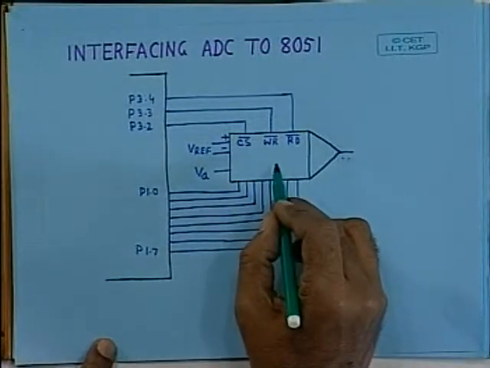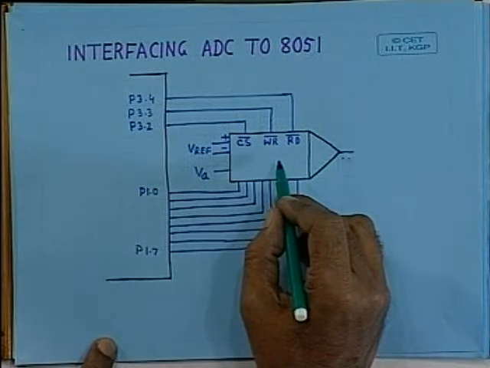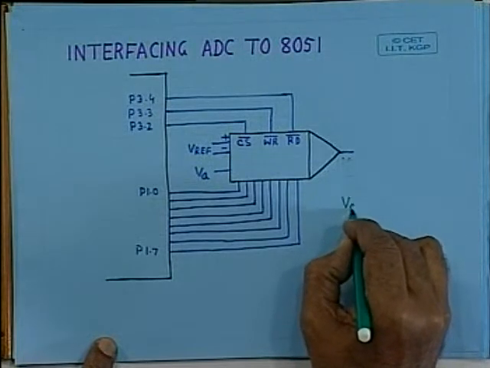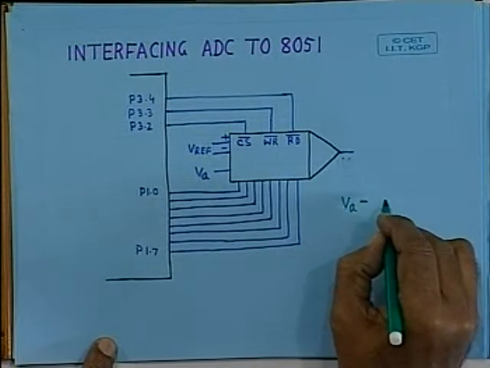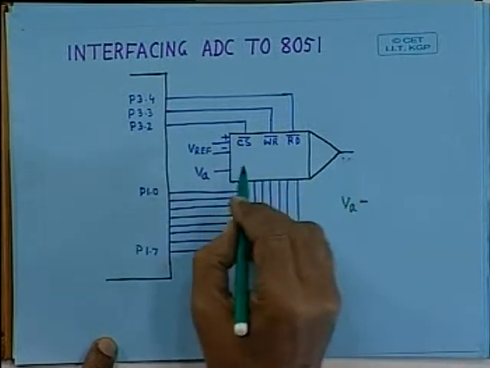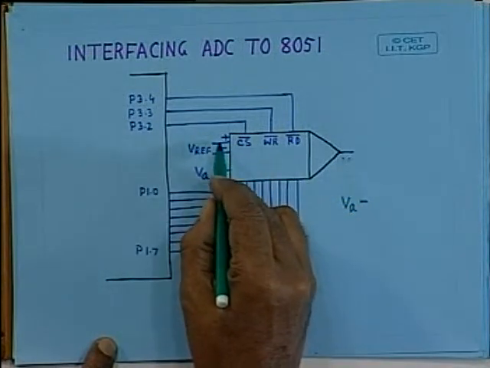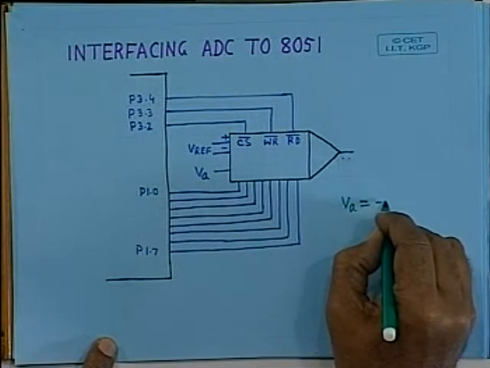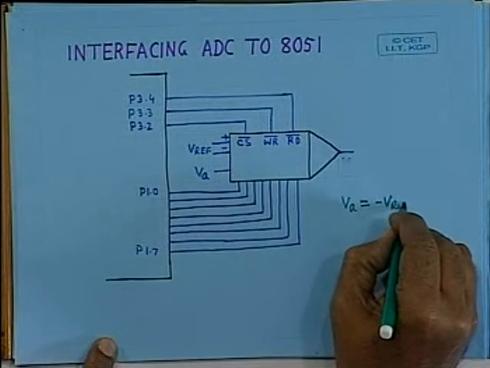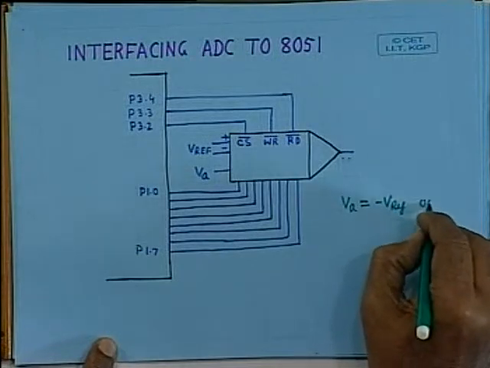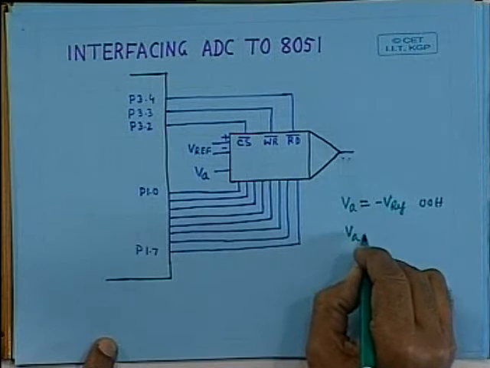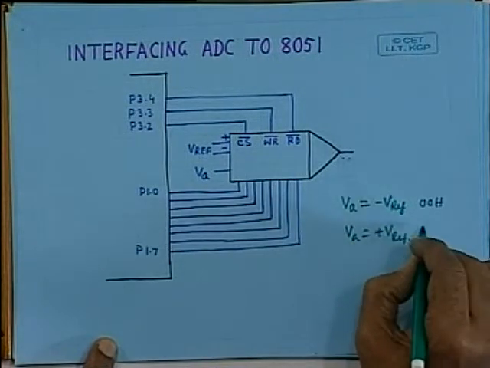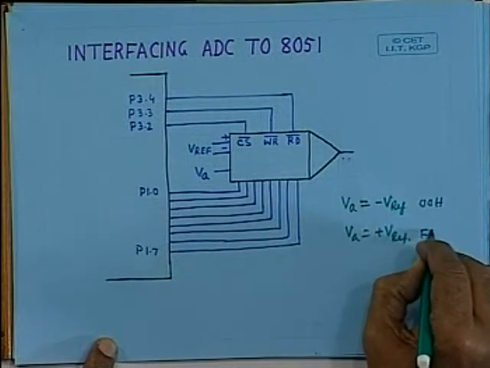For example, this is one flash type AD converter, and your input VA can be applied between minus Vref and plus Vref. Whenever VA is equal to minus Vref, the output is 00 in hex, and whenever VA is plus Vref, it is equal to FF hex.